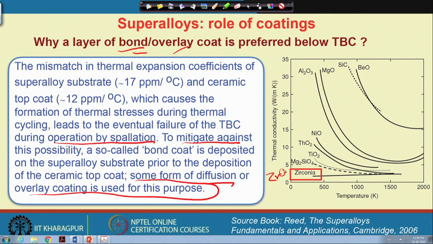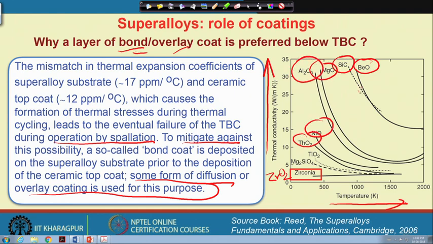Please have a look at this plot. Here I show you a temperature versus thermal conductivity plot. If you look at different ceramic materials, alumina, nickel oxide, thoria, beryllium oxide, and so on, zirconia has a very stable thermal conductivity level over a wide temperature range.